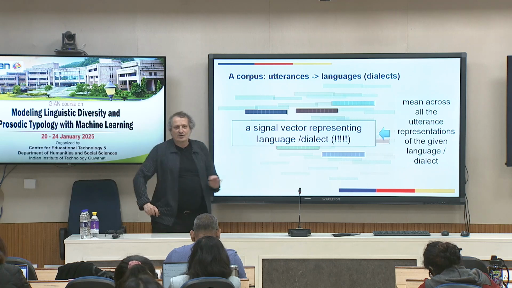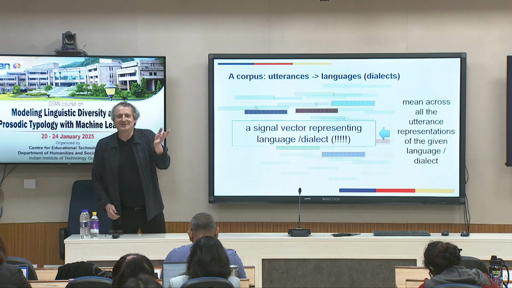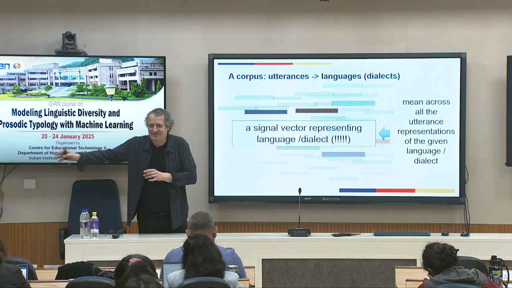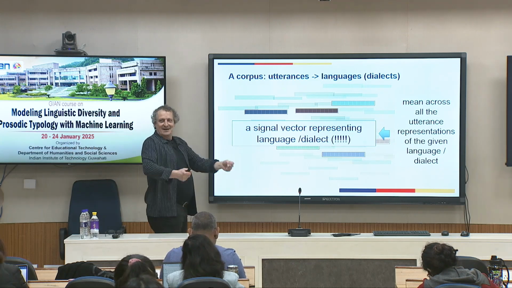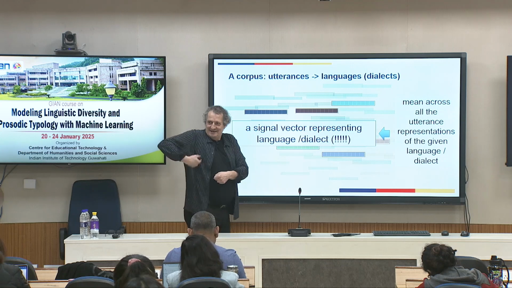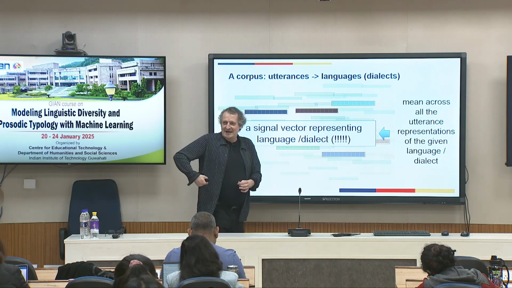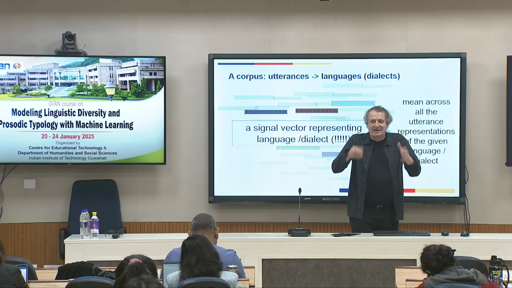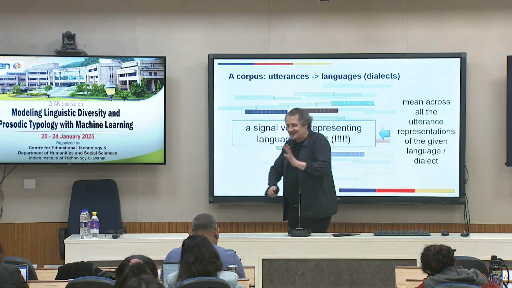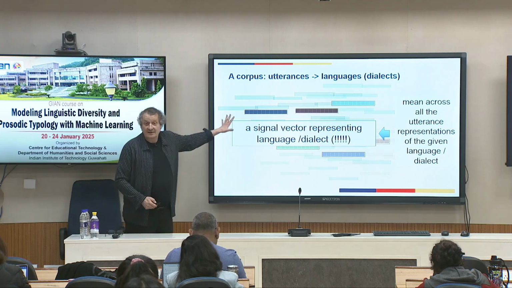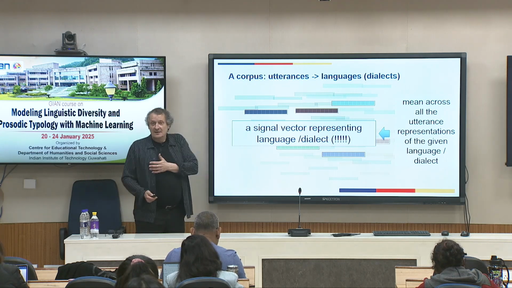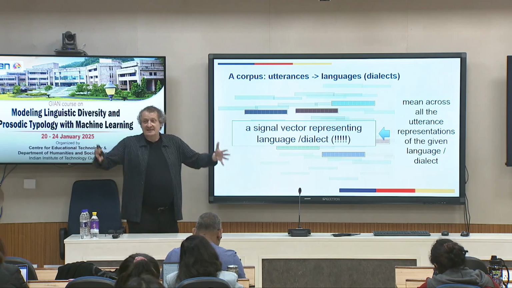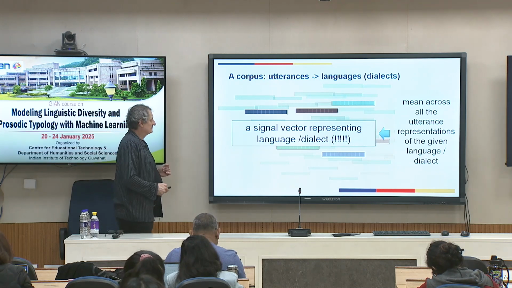That's why I'm going to be talking about this latent language representation. Take it with a pinch of salt. I'm not saying that now I put these 512 numbers in some bag, go to a dark, quiet corner and reconstruct the entire language from those 512 things. That's not going to happen. But it is, for many uses and purposes, the vector representing the language or dialect.